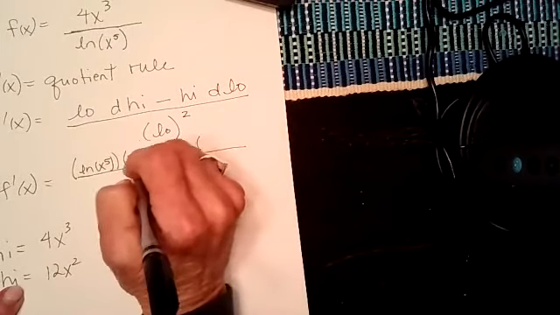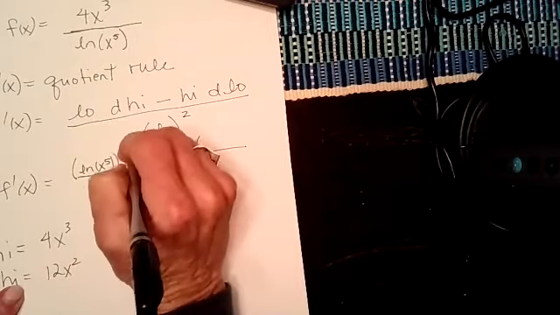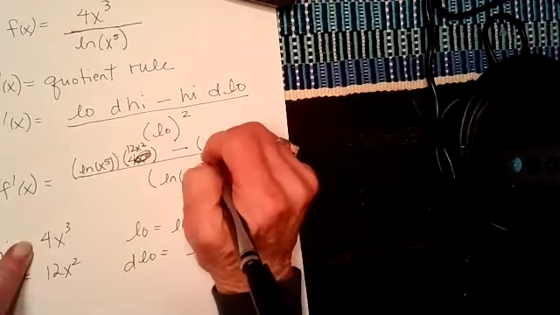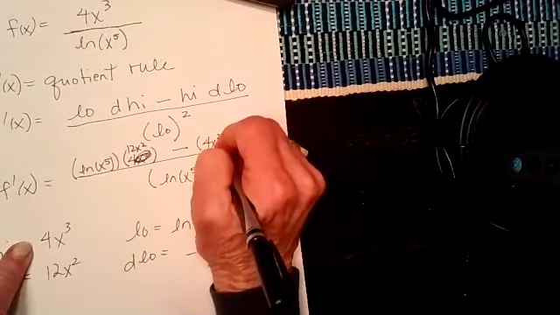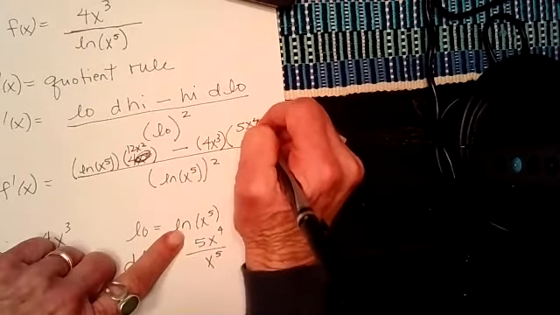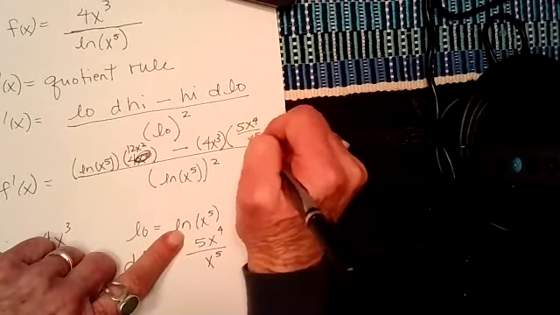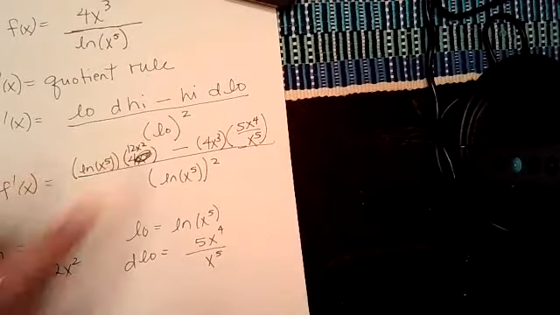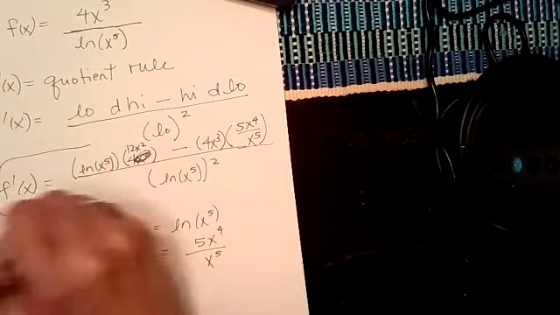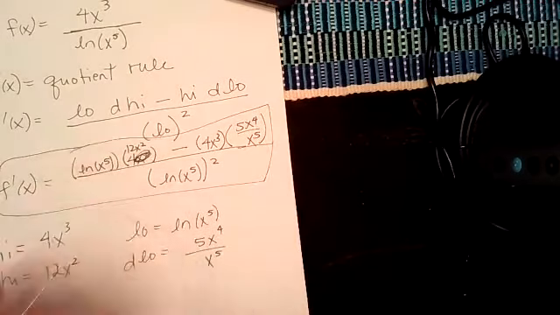So here should have gone what? 12x squared. Low d high minus the high function times the derivative of the low. And I know that's ugly, and I'm sorry I messed that up, but that's just low d high minus the high function times the derivative of the low. So just leave it like that. Even though it's ugly, just leave it alone.